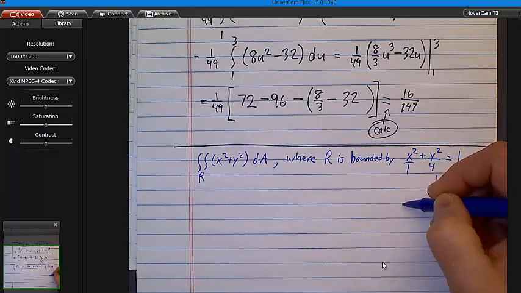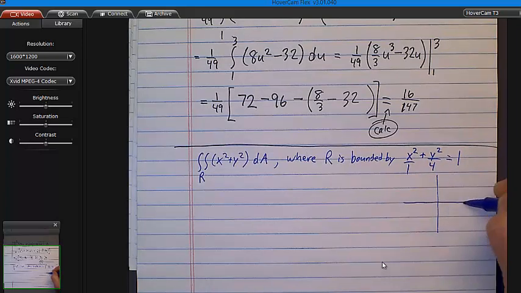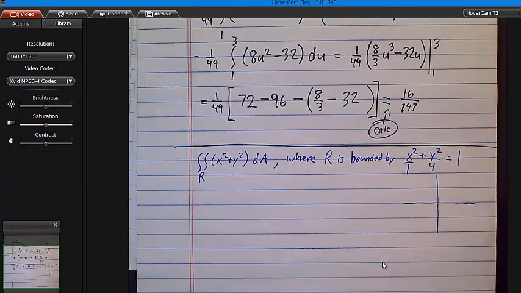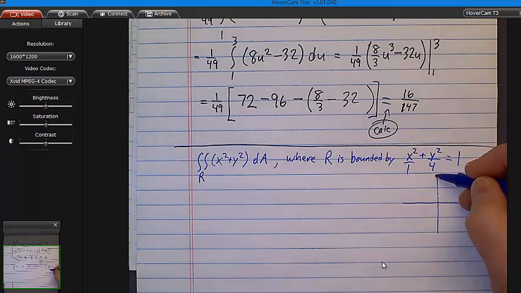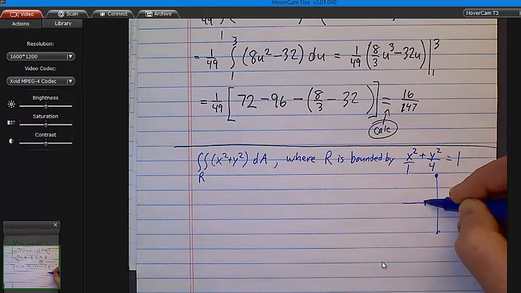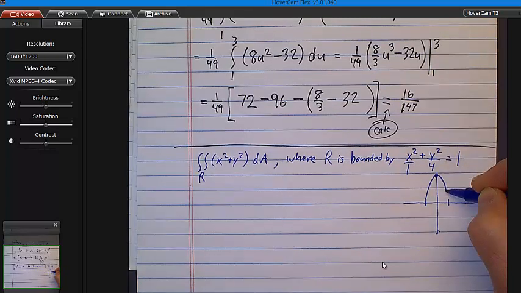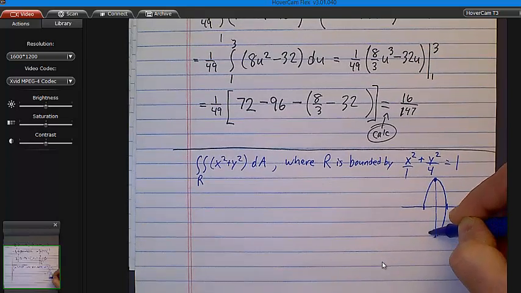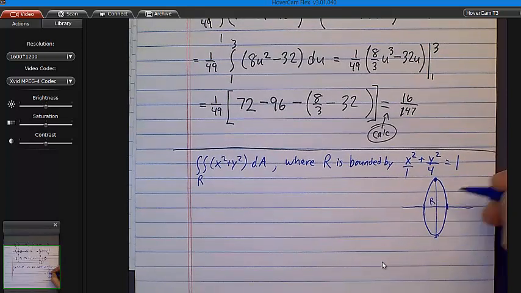Is it a football on the ground or football on the tee? Yeah, it's on the tee, right? Because the y's go up and down 2, and the x's only go out 1. And so my region R looks like this. Okay?